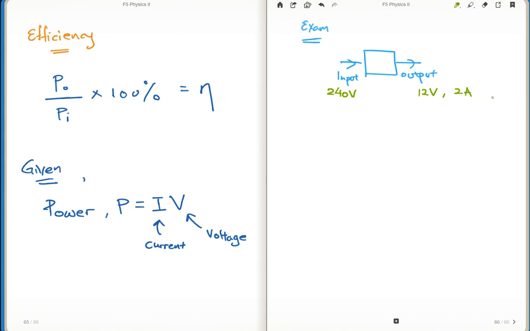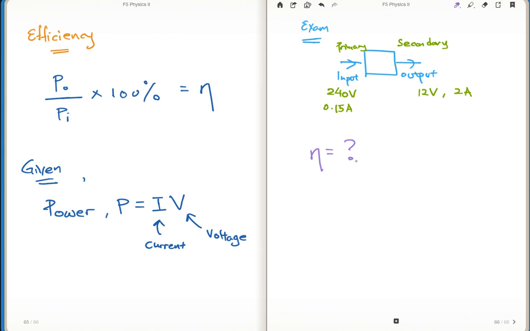Input is where you have your primary, and the output is secondary. Always the case, output is secondary. If the current in the primary coil is 0.15 ampere, then they ask what is the efficiency.